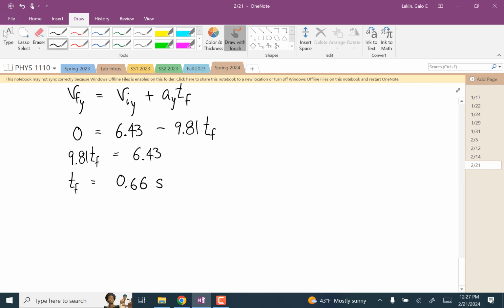And now that we know TF, we can use this equation: PFX is equal to PIX plus VIX TF plus 1/2 AX TF squared.